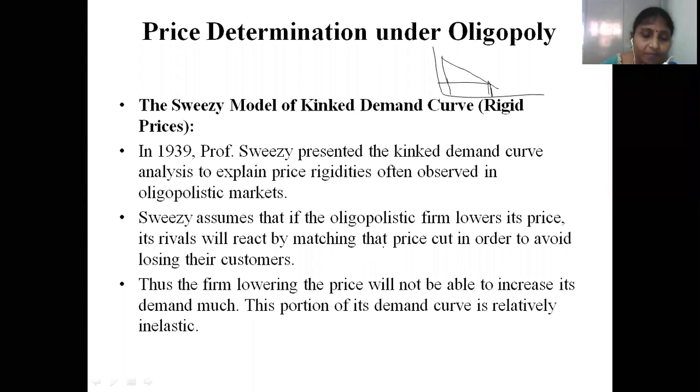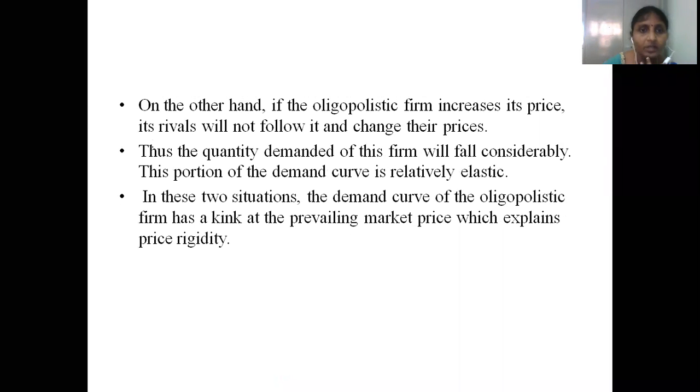Because the rival firms are also going to reduce their prices, so the quantity demanded does not increase. That's why the demand curve is inelastic; it is not responsive to its price. Okay. On the other hand, if the oligopolistic firm increases its price, that is the second case we are discussing.